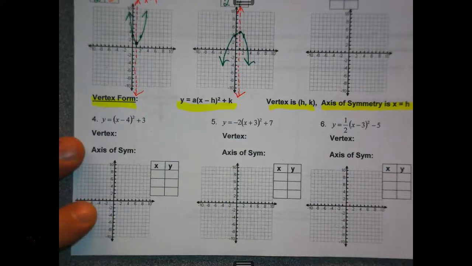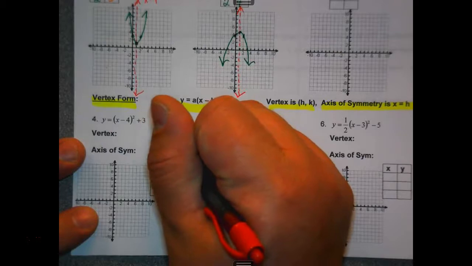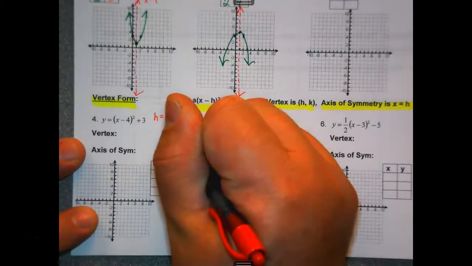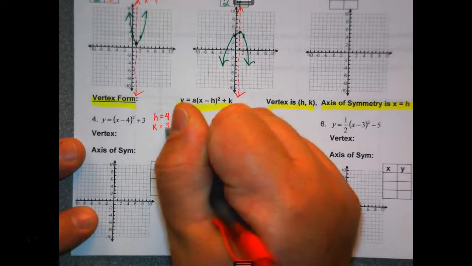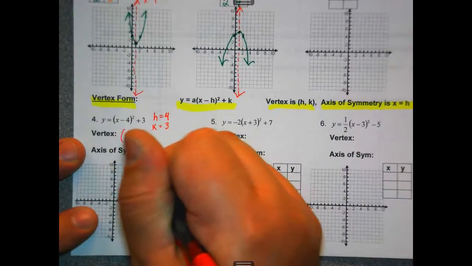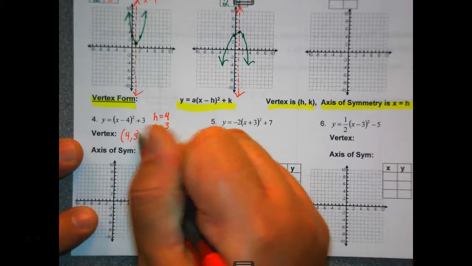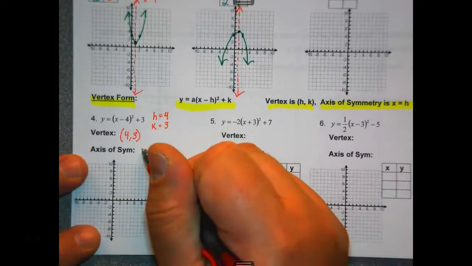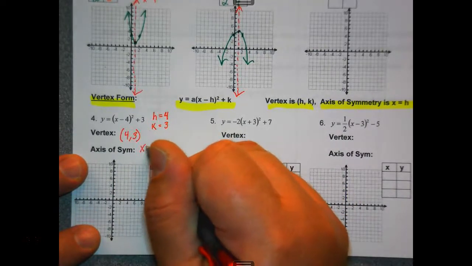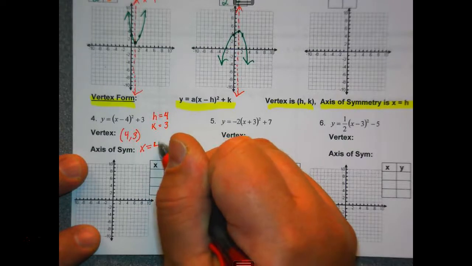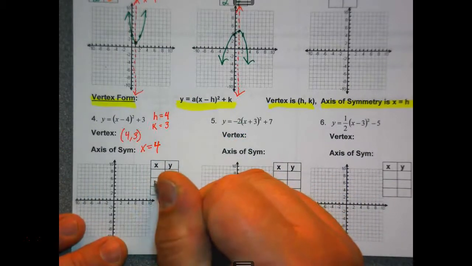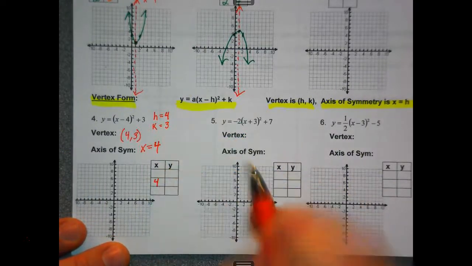All right. Number 4. What's my h? Yep. What's my k? So what's my vertex? What's going to be my axis of symmetry? Which is 4. So I have 4 for my x.